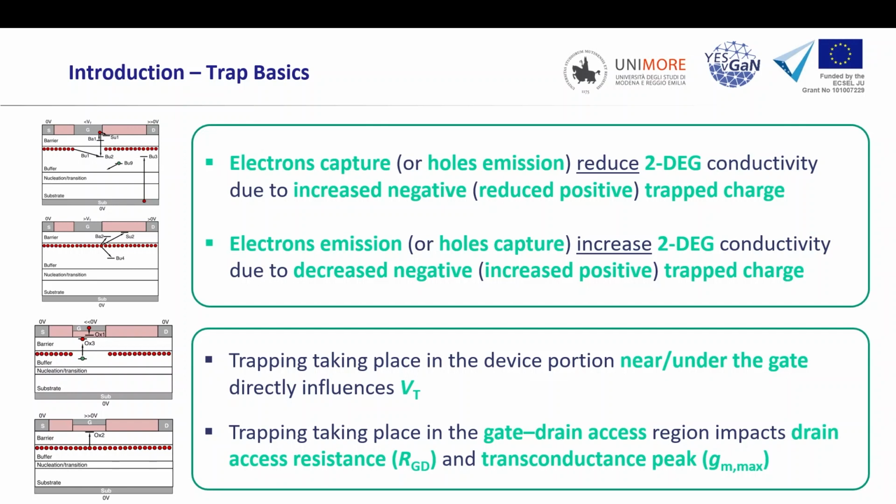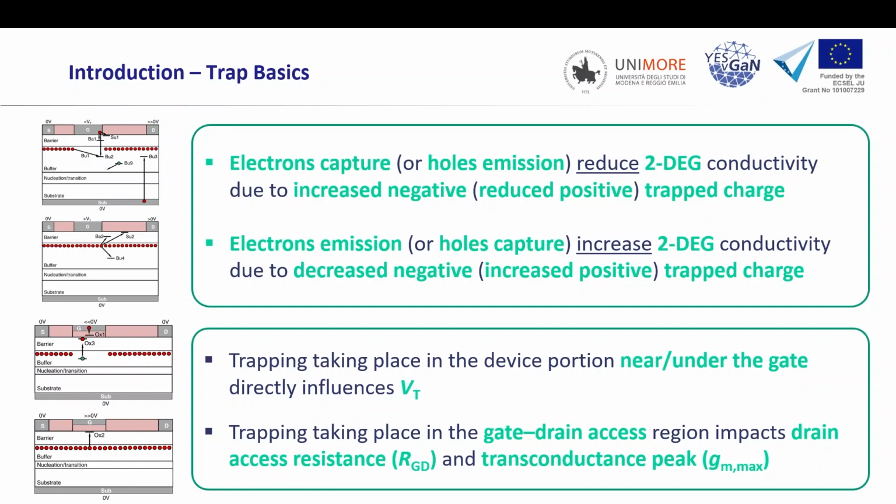Or there can be emission of electrons, or holes captured, which will instead increase the 2DEG conductivity. So both can happen. It's quite a wide and complicated picture because of all the traps inside the device.